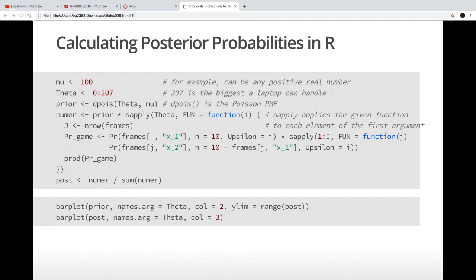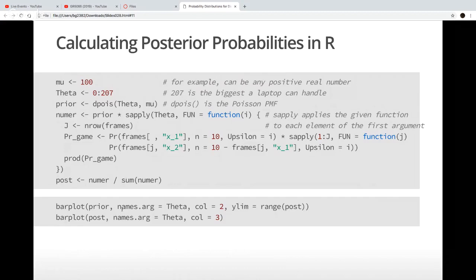Our prior probability can be represented by the Poisson PMF, which is given by the dpois function in R. So we give it theta and mu. We get back 208 probabilities, 1 for each level of theta, and given our assumption mu.